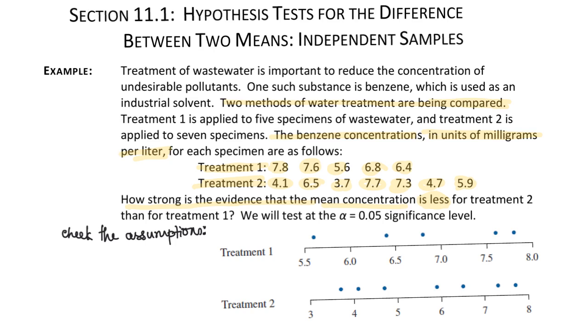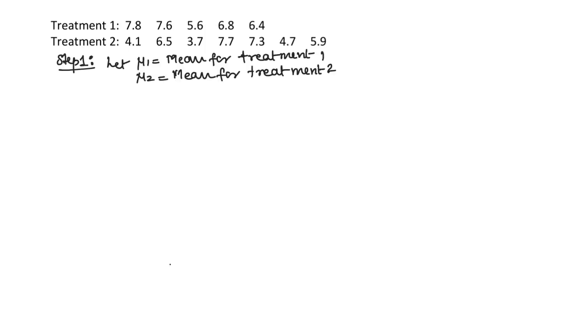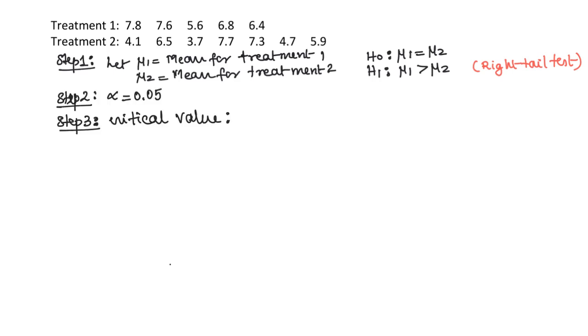So step 1 is state the null and alternate hypothesis. So this is a right tail test, alpha equal 0.05, and find the degrees of freedom.